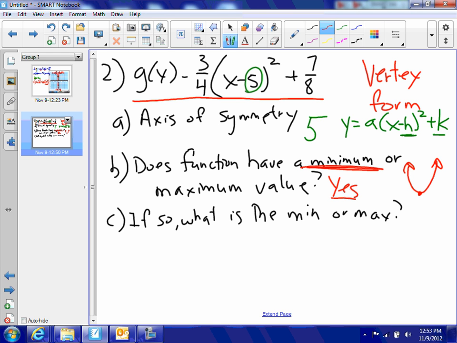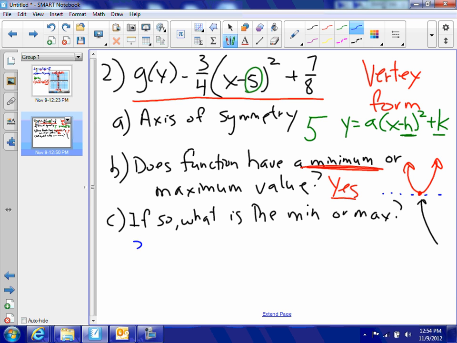Well, I have to do a little bit of calculation to figure that out. I know that the minimum here is going to be, whoops, dropped the pen. It's going to be right there at the vertex. So if the minimum is going to be there at the vertex, I need to find what is the y value of the vertex. Well, I know what the x value is. The x value is 5.